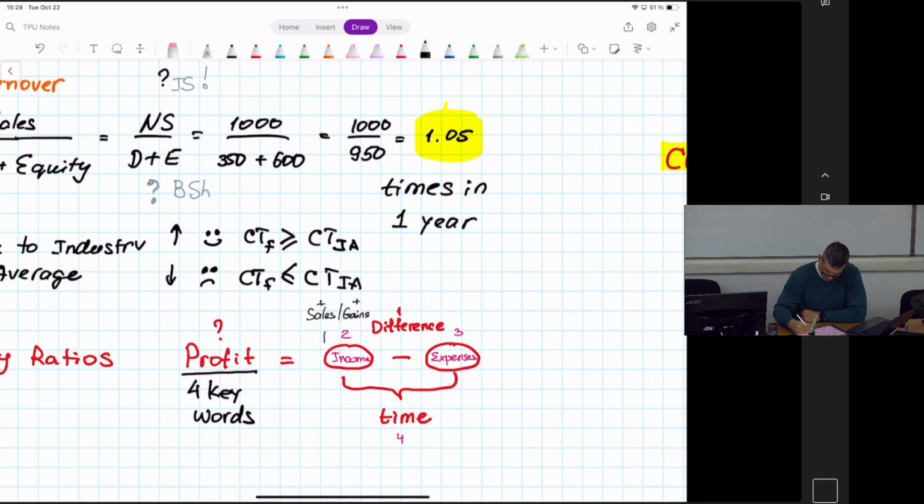And expenses may be cost of goods sold, administrative expenses, selling expenses, financial expenses, so everything that has a minus nature to it, like it goes out from us. So income minus expenses over a certain period of time. That's the idea of profit. Okay?